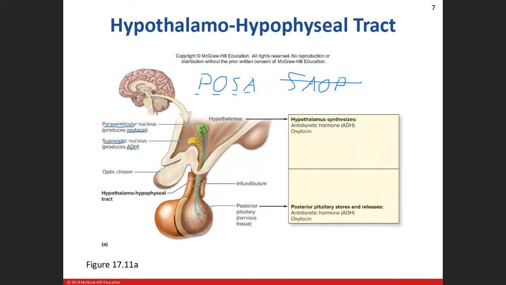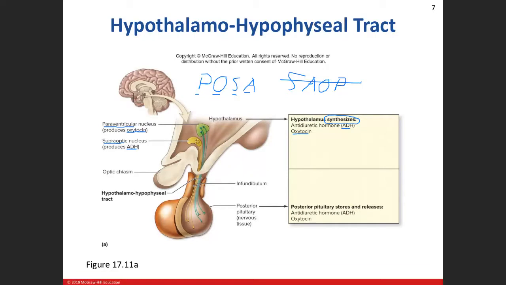So the hypothalamus is going to synthesize or produce both ADH, the antidiuretic hormone, and oxytocin. It's a great test question, and a good test question to mess up. Some teachers like to, I don't want to say trick you, but it's a challenging concept, because you think that if something secretes a hormone, it made that hormone.